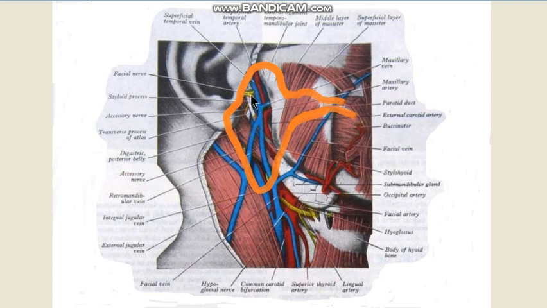This facial nerve, however, is not meant for the parotid gland. Rather, the nerve supply of the parotid gland comes from the auriculotemporal nerve, which will emerge from behind the neck of the mandible from a deeper plane.